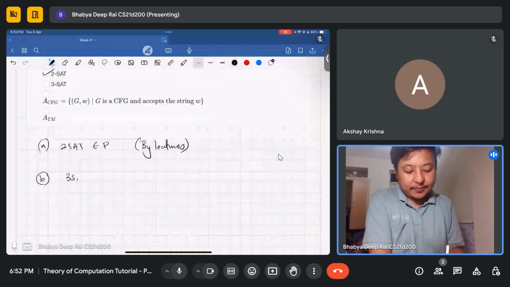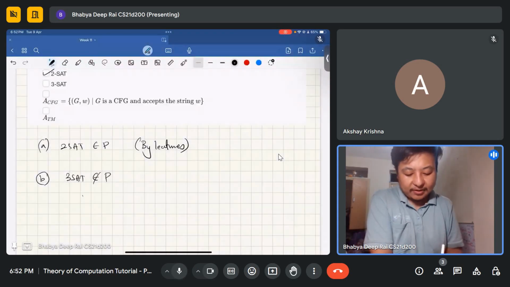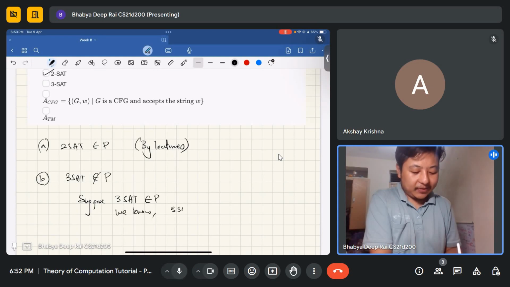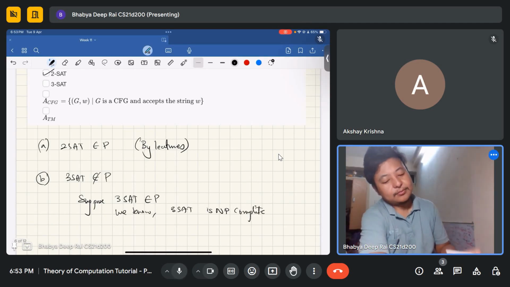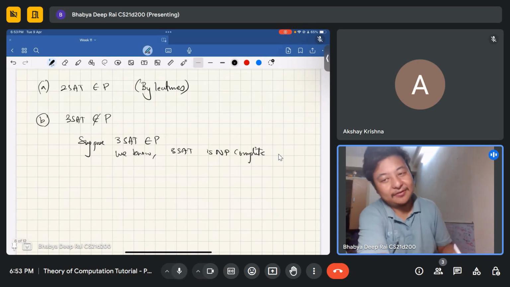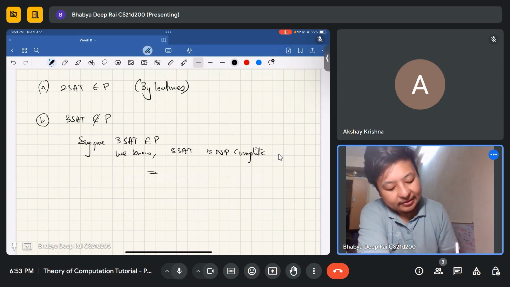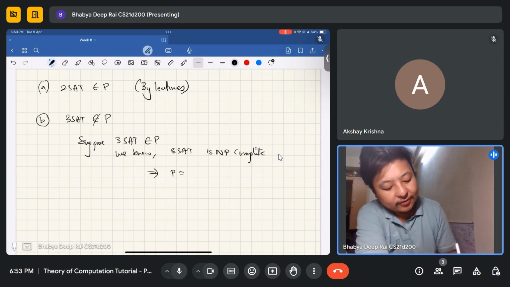3SAT cannot be in P. Why? Because suppose 3SAT is in P. We already know that 3SAT is NP-complete, so all the languages in NP reduce to 3SAT. But 3SAT itself can be solved in polynomial time, so all the languages in NP can be solved in polynomial time, and therefore P is equal to NP.